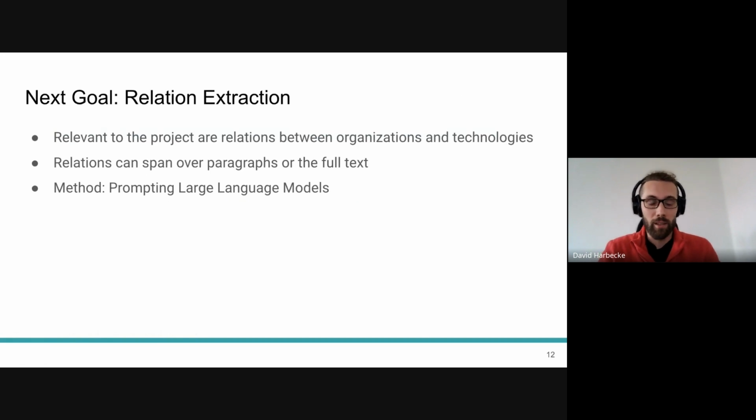And then I want to give a little bit of an outlook. I alluded to the fact that we also want to do relation extraction, because to the project, the relation between organizations and their technologies are interesting and relevant.